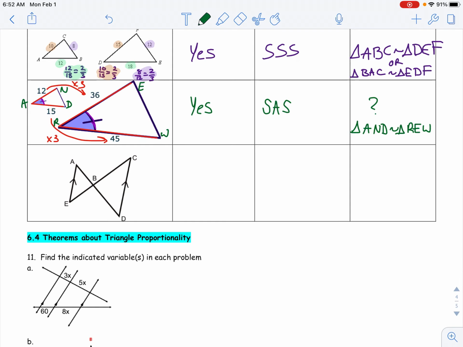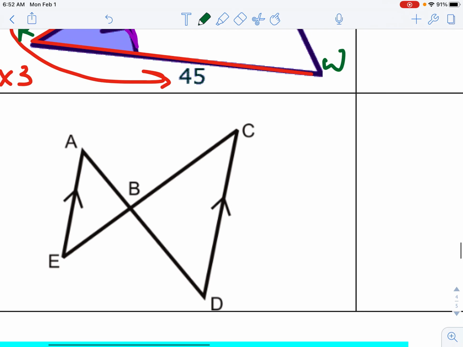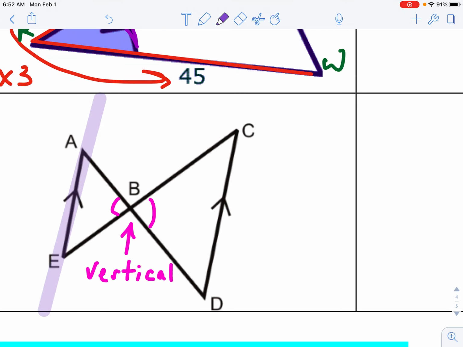And then this last one right here, well, a couple ways to think about this. Just automatically know we have vertical angles. Furthermore, parallel lines, huge punchline of geometry. See this as a transversal.